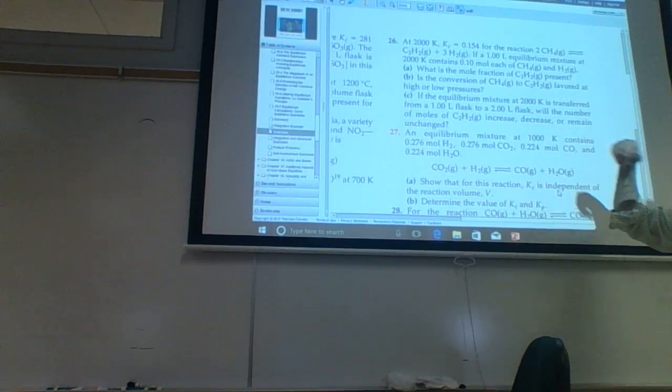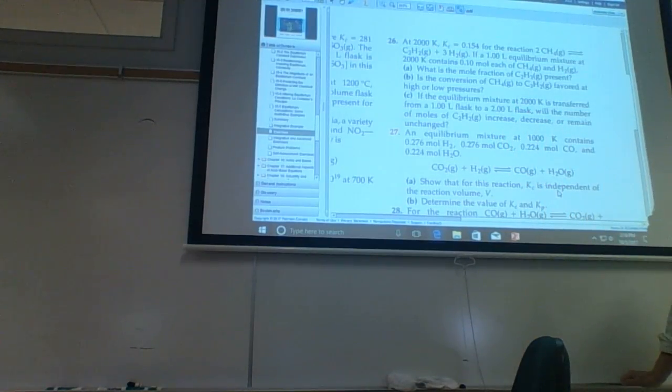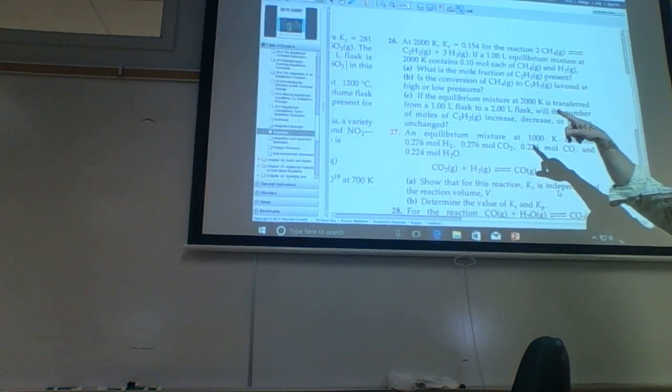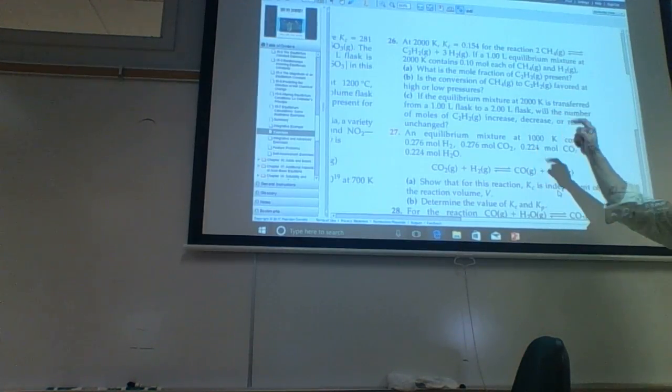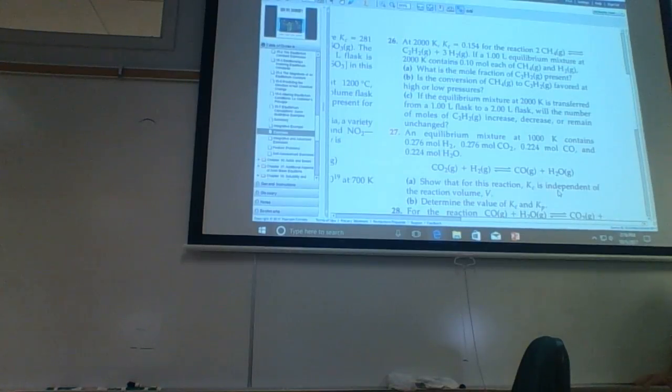At 2000 Kelvin, Kc is 0.154 for the reaction 2 methanes goes to C2H2. You know what C2H2 is? C2H2 is acetylene, or ethyne. It has a carbon-carbon triple bond, plus 3 hydrogens. If a 1.00 liter equilibrium mixture at 2000 Kelvin contains 0.10 moles each of methane and hydrogen, what is the mole fraction of C2H2 present?